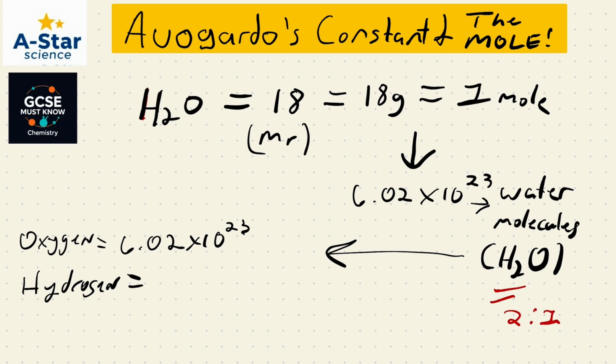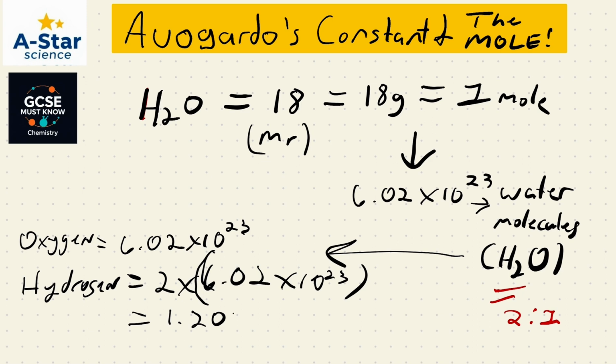So that means we need 2 times 6.02 times 10 to the 23rd to calculate the number of hydrogen atoms in every mole of water, which is 1.204 times 10 to the 24. So this is Avogadro's constant and the mole and how it relates.